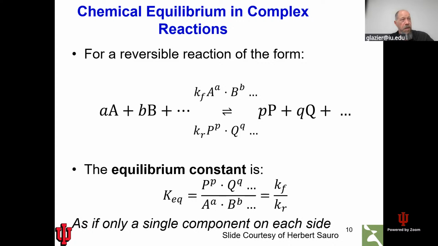And that's it. And the equilibrium amount is just Kf over Kr. And so the system behaves as if there were only a single component on either side.